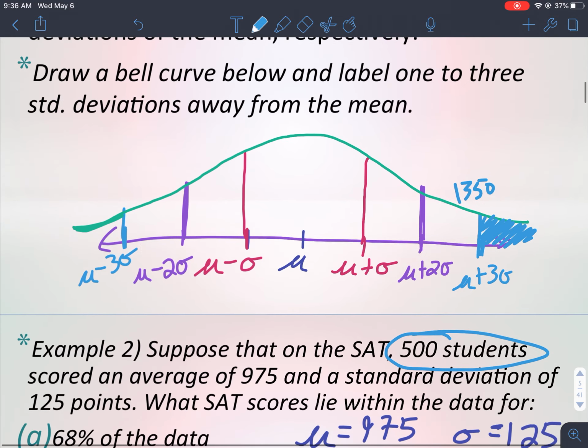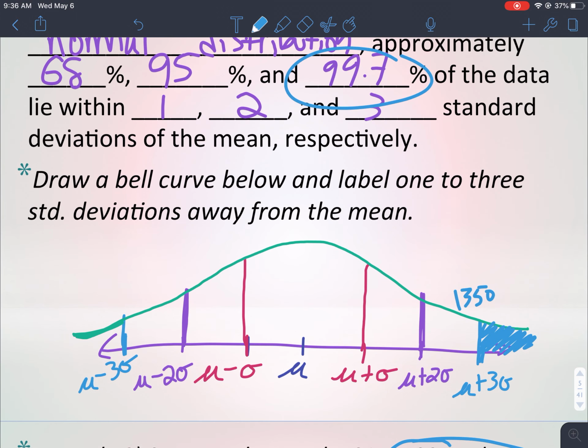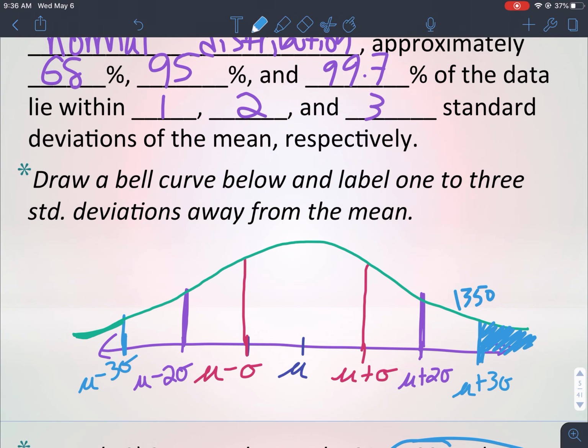So if I know that, say, 99.7% is between these values, 99.7, and subtract from 100, is 0.3%.